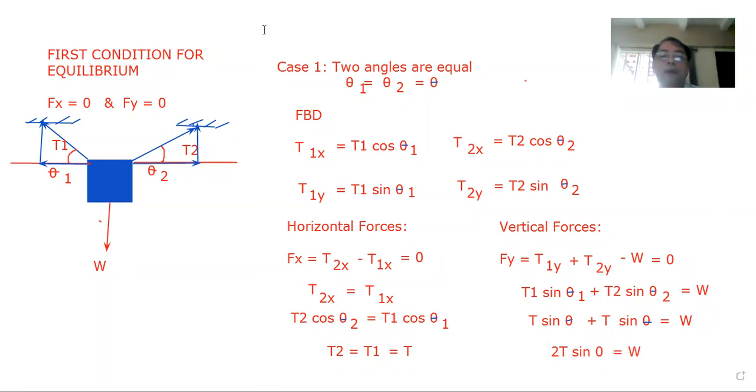And what's the implication? How much then is our tension? Since tensions are the same for both sides, T can simply be equivalent to W divided by 2 sine of the angle theta.